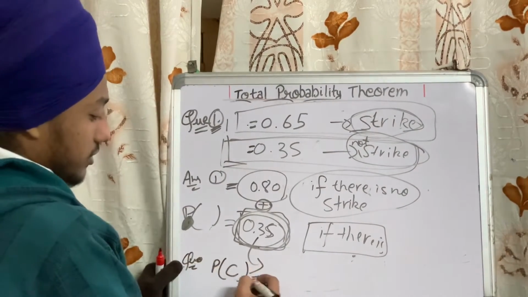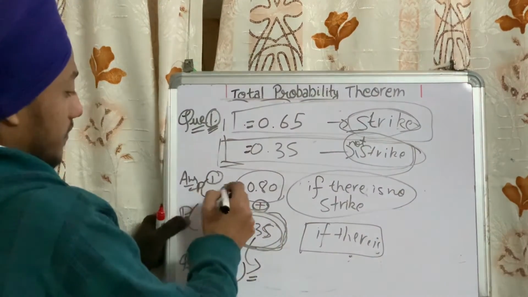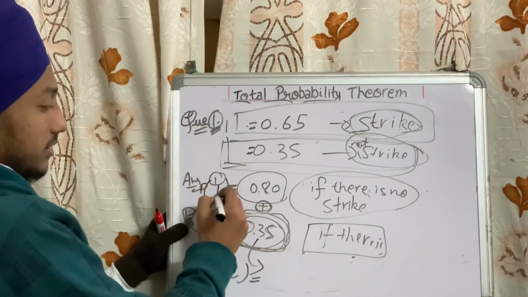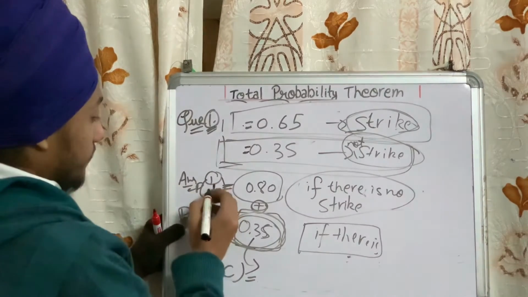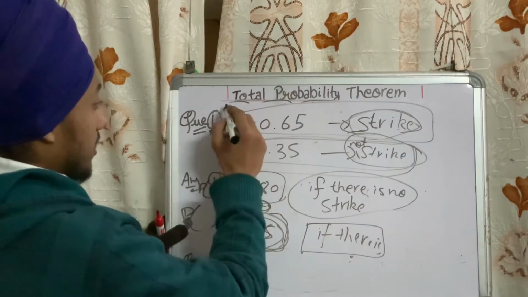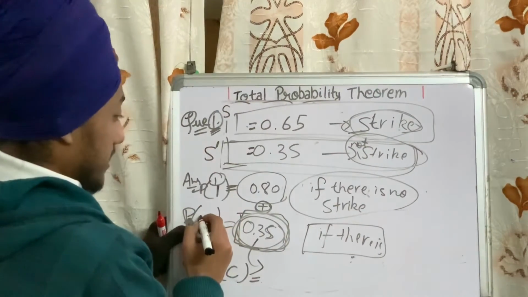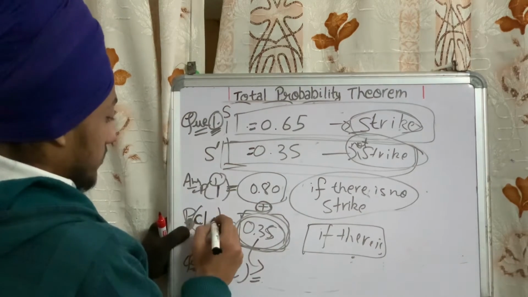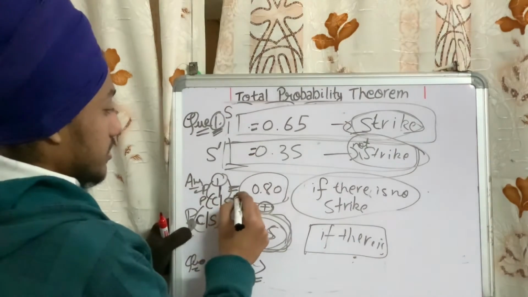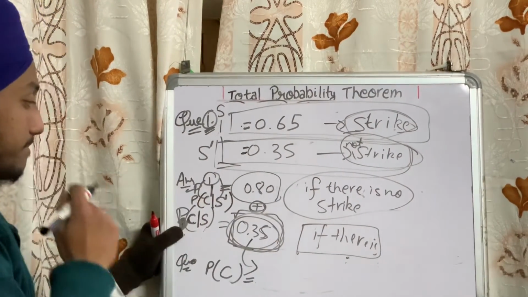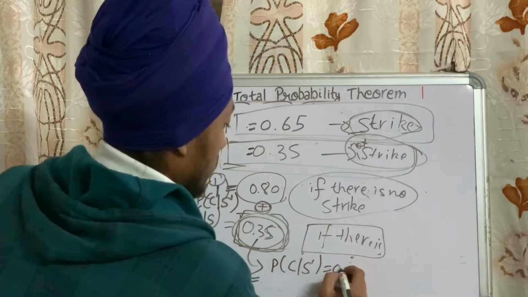For finding the construction probability, we have the probability of construction given no strike, which is represented by S', and the construction given a strike, represented by S. We have given the condition that strike is not happened is 0.35.